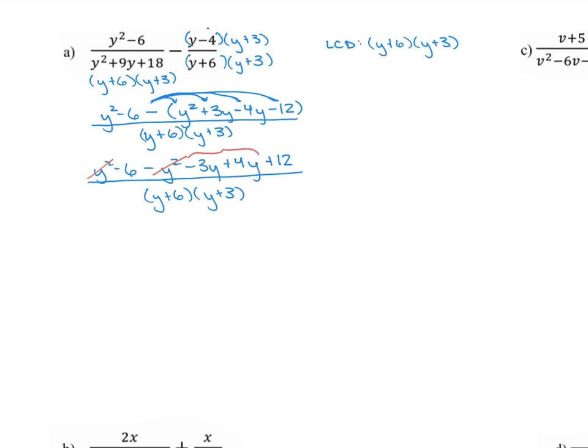I can combine negative 3y plus 4y, that gives me y. And I can combine my minus 6 and my plus 12 to give me plus 6. Final step, we want to go ahead and cancel common factors, so we can cancel the y plus 6, and we're left with 1 over y plus 3.